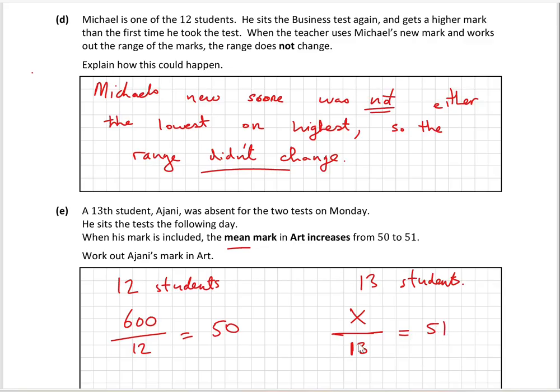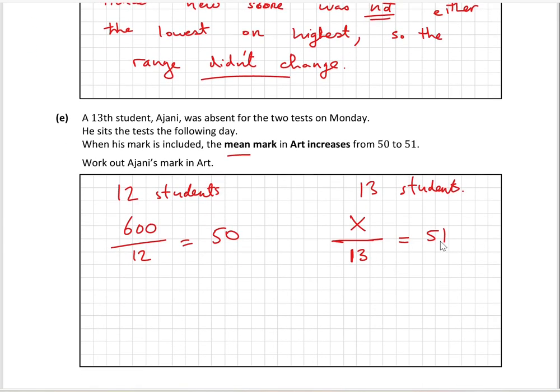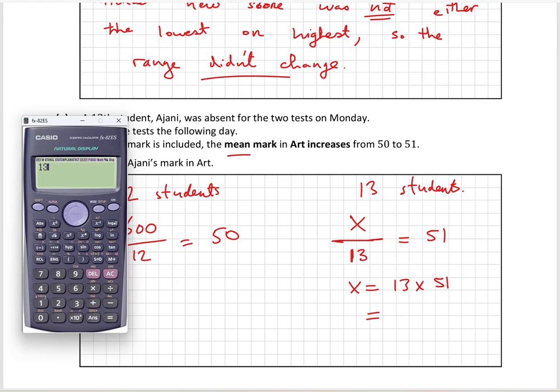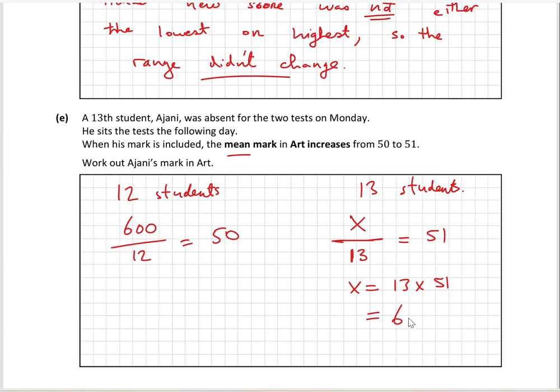Okay, so based on that, if I multiply this, so x is equal to 13 multiplied by 51. So that is 13 multiplied by 51 is 663.